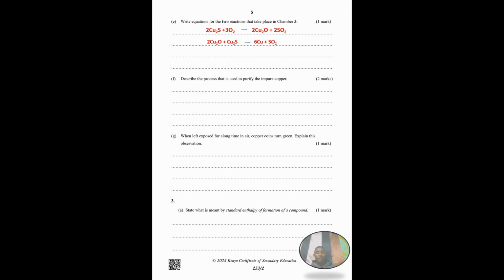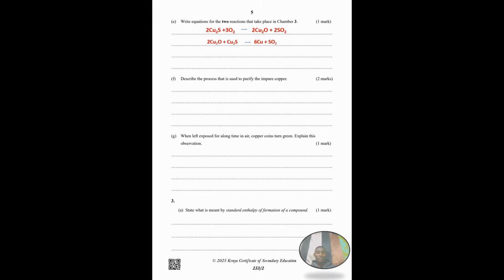So please don't forget to insert the state symbols of these substances, because whenever the equation is being marked, an equation is correct when the state symbols are correctly written and the equation is balanced.